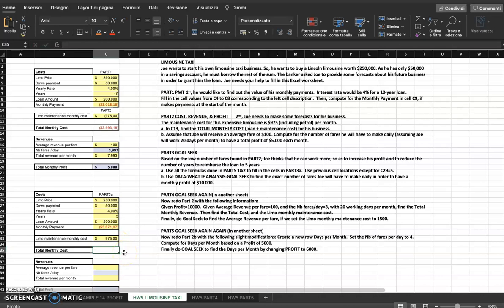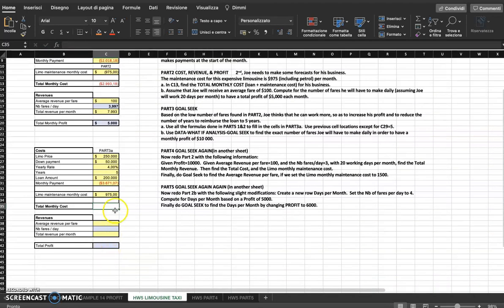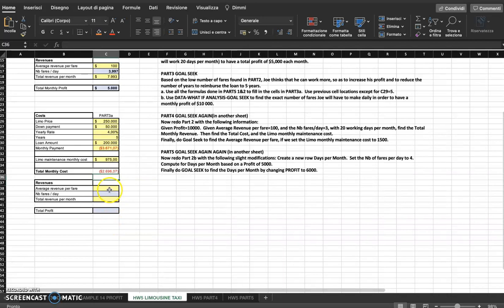Now we have to do the total monthly cost, and again it's an easy computation: equals the limo maintenance plus the monthly payment. Okay, and it's of course a negative number, because it's a cost. So now we arrived at the last part. We have to do the revenues.